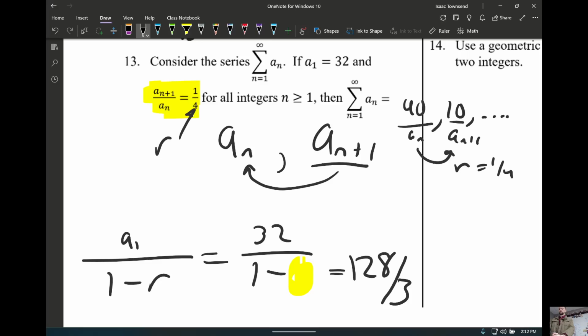So you really just need to know how to read this. Any term divided by its previous term is another way to say the common ratio. So that's 1/4, which means this is 3/4. 32 divided by 3/4 is the same as 32 times 4/3, which is where that answer came from.